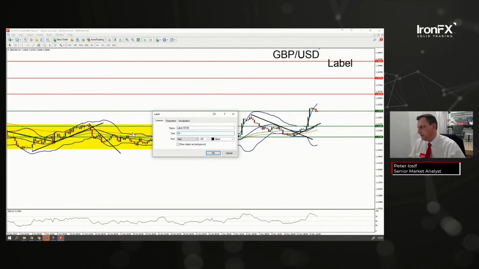The R3 now being placed at 1.2995. Let's make it a little bit smaller. And in red.